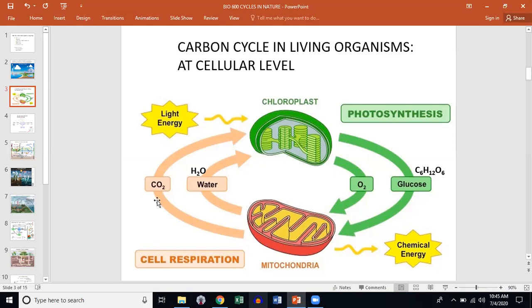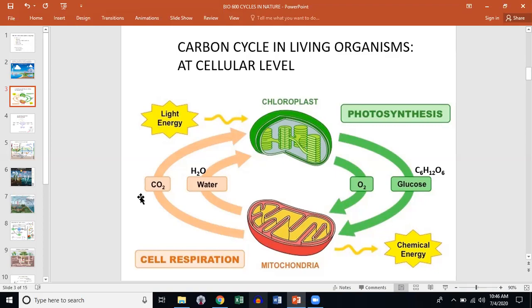CO2 in its natural state is a gas, and therefore it's in the atmosphere. Remember when we saw the atmosphere, that we were left with 1% of trace gases after mostly nitrogen, 75%, three quarters of the atmosphere being diatomic nitrogen gas, and then 16% more or less, almost one fifth of the atmosphere, oxygen.